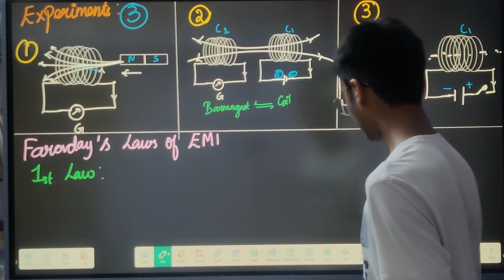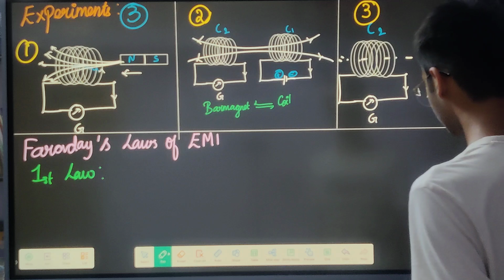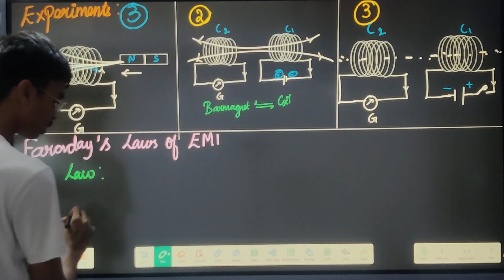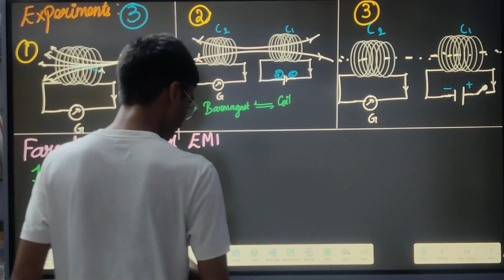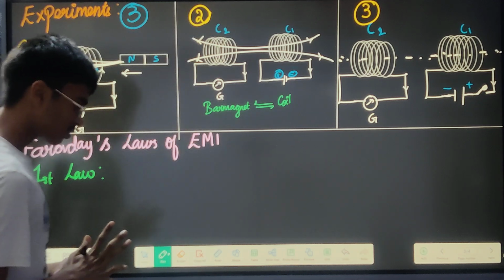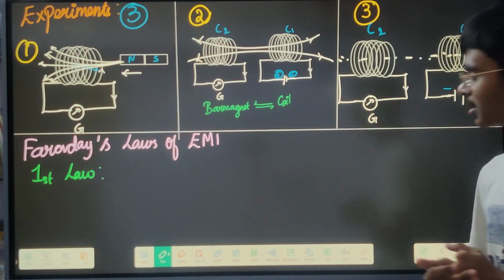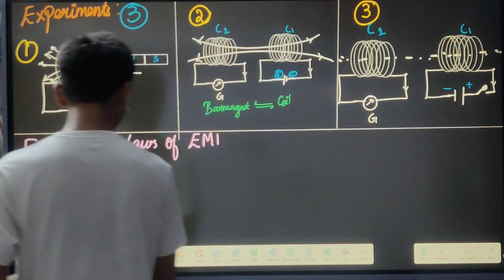The law states that whenever there is a change in the magnetic flux, EMF is produced. EMF produced lasts so long as the change in magnetic flux is continuous. So what does it mean? First, I'll just write it.